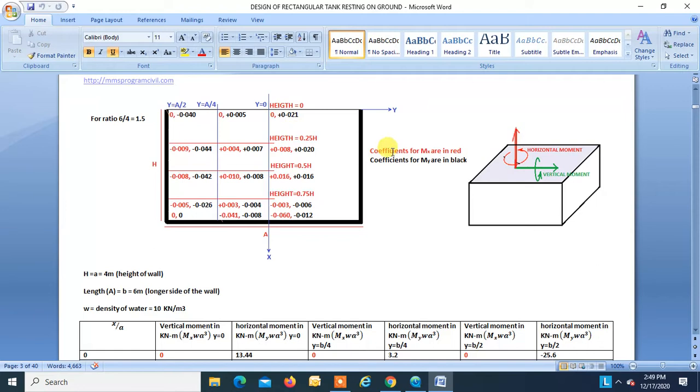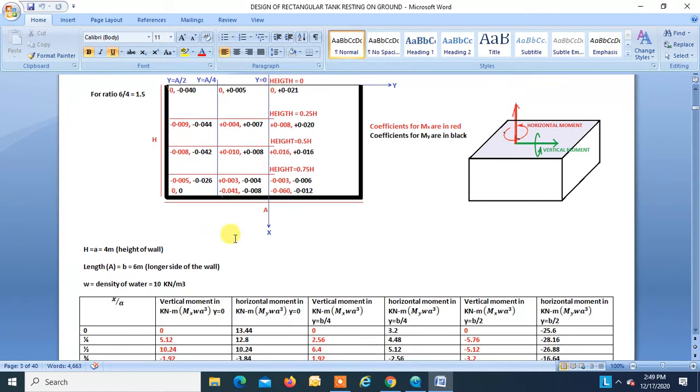So the coefficients mx in red are for vertical moments. This is 0, so the moment is 0. Now this is 0.008, put the value over here into w into a cube, you get the moment. This is 0.016, put the value over here into w into a cube, you get the moment 10.24, and so on. So this is how you get the vertical moment about y is equal to 0.